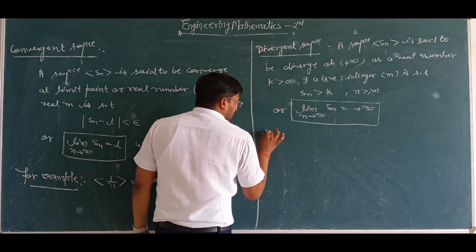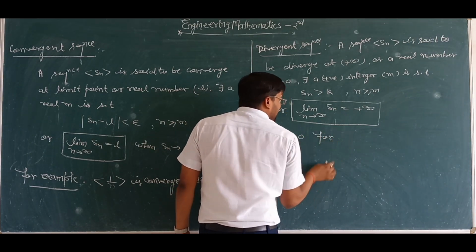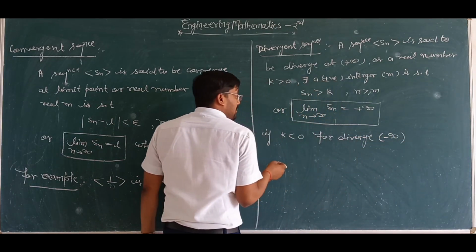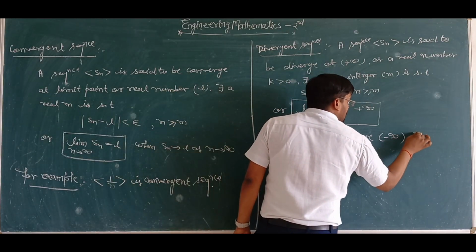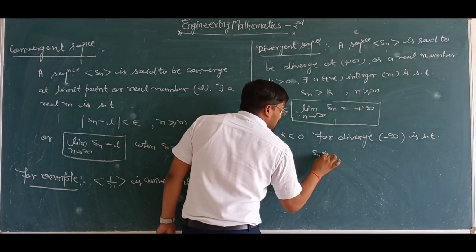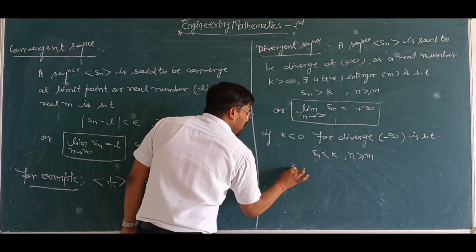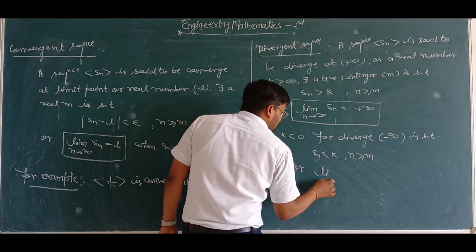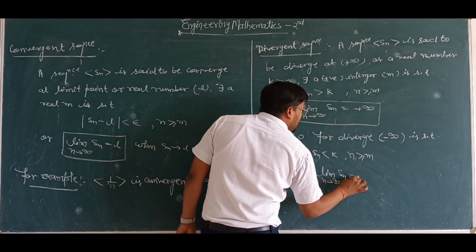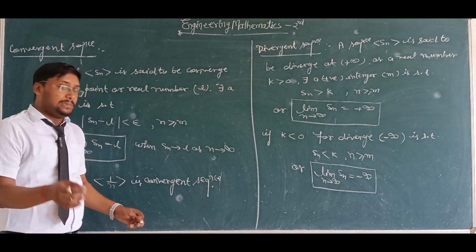If k is less than 0, the sequence diverges to minus infinity, such that Sn is less than k when n is greater than or equal to m, or you can say the limit as n tends to infinity of Sn is equal to minus infinity.